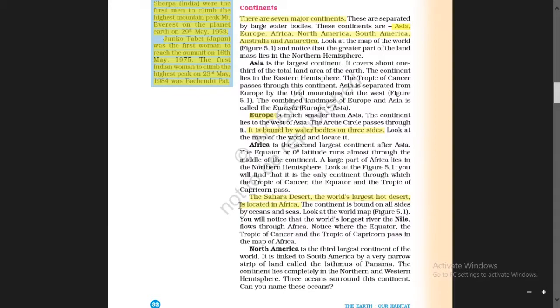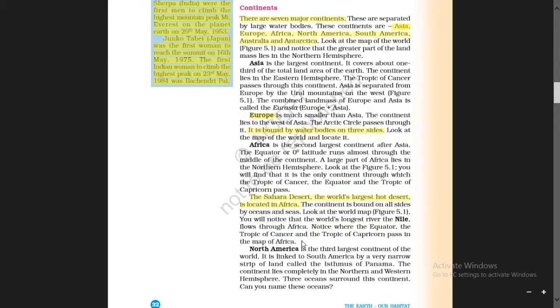The continent is bound on all sides by oceans and seas. Look at the world map, which is given in figure 5.1. You will notice that the world's longest river, the Nile, flows through Africa. Notice where the equator, the Tropic of Cancer, and the Tropic of Capricorn pass in the map of Africa.